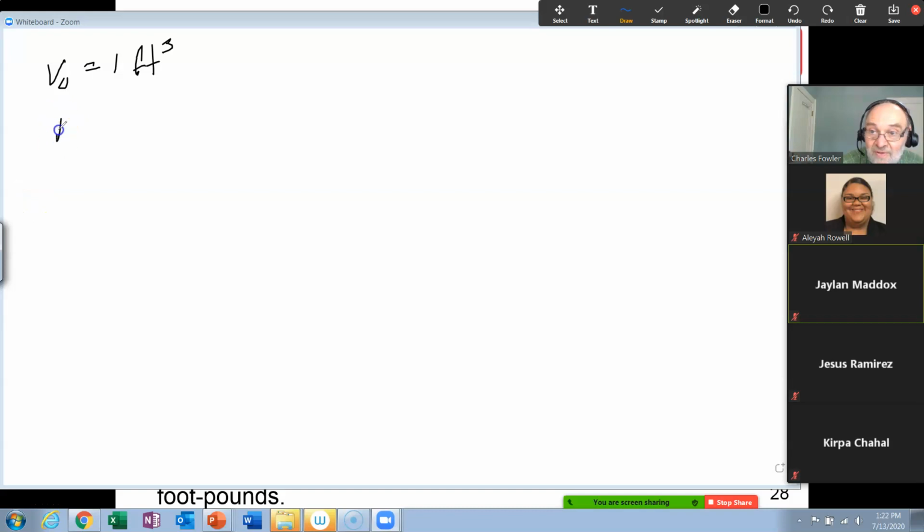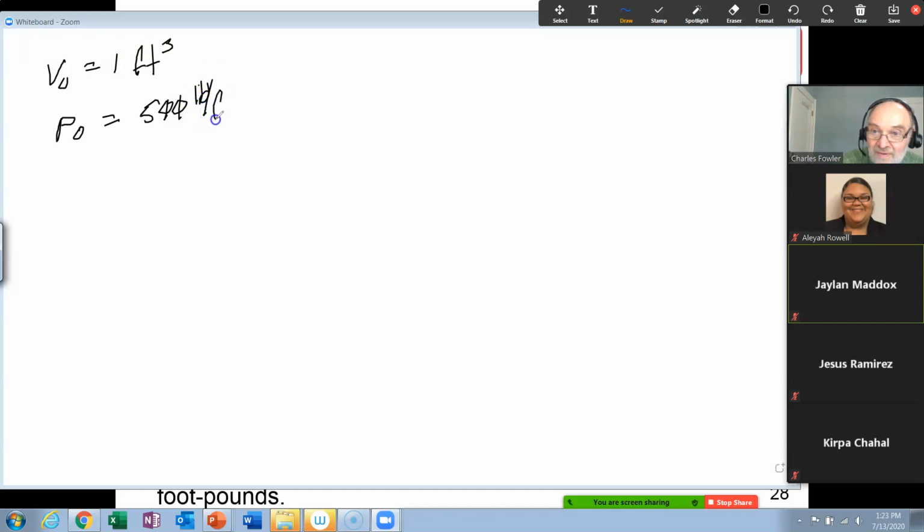So, now here's the problem. That's also an initial pressure. Now they don't make a deal about that, but that is an initial pressure, okay? And that's 500 pounds per square foot, because you know that's got to change too.